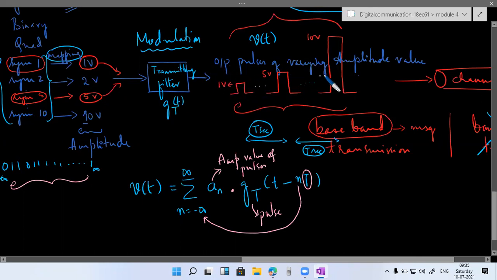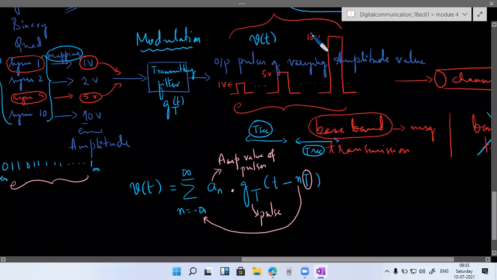So it need not be ascending or descending. It's all about the kind of symbols that we feed, so it will all be in a jumbled fashion.